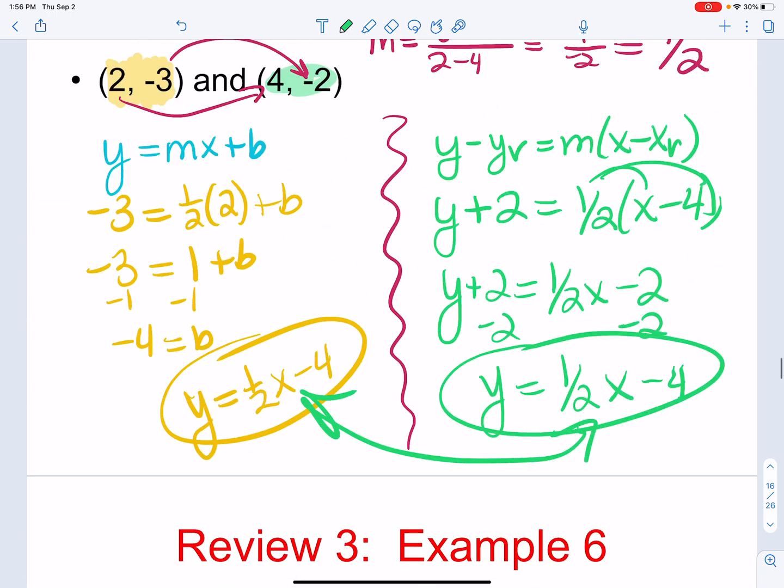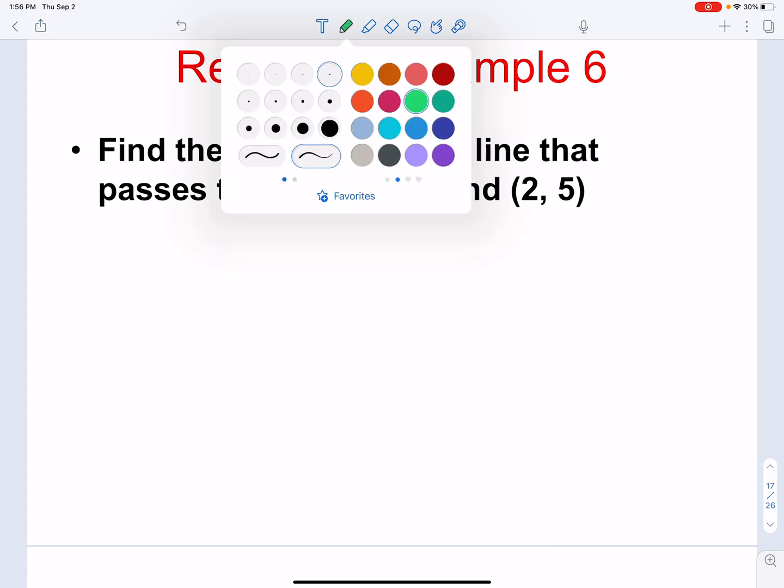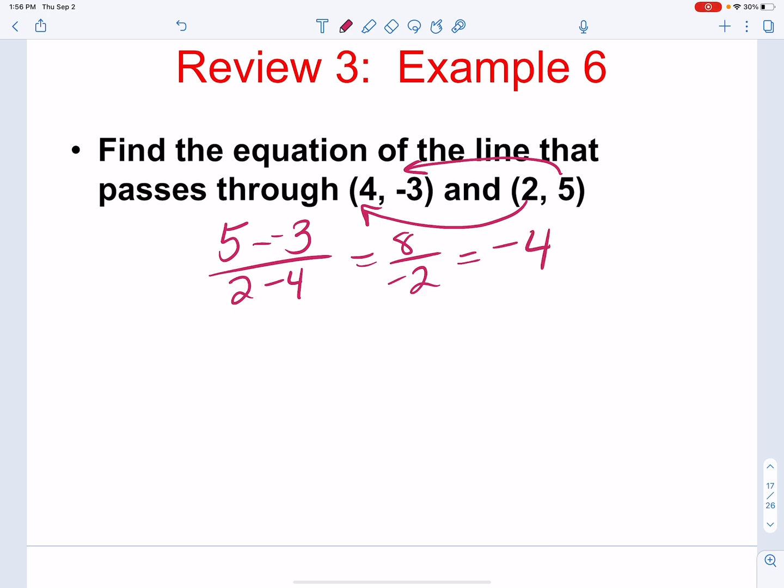Okay, so go ahead and pause this and try example 6 just to make sure that you're good. Pause it, try it, and then you can check it. So I would do, and it doesn't matter what order, y minus y over, but if I start with that one, I would do x minus x. So that's 8 over a negative 2, so my slope is a negative 4.